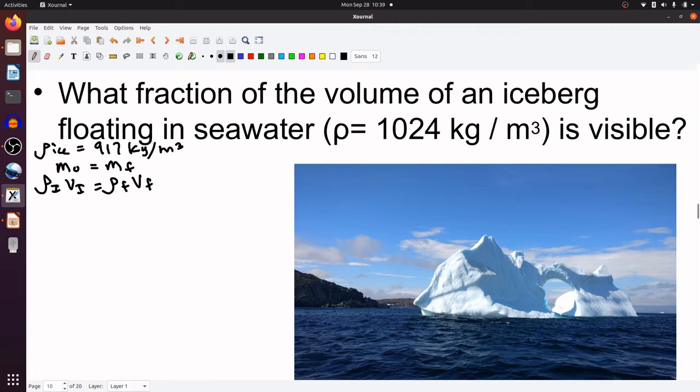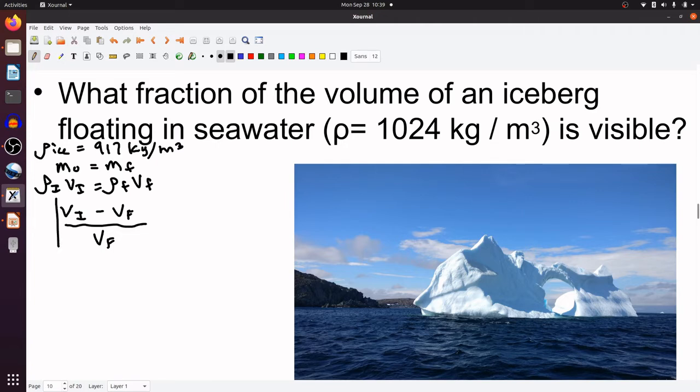Now if we're looking for a fraction of the ice above sea water, we're looking for, say, the absolute value of the volume of ice minus the volume of the fluid, divided by the volume of the fluid, since it's kind of like a percent air, but we're looking for percent exposed in this case.